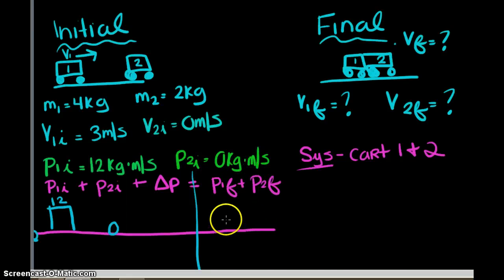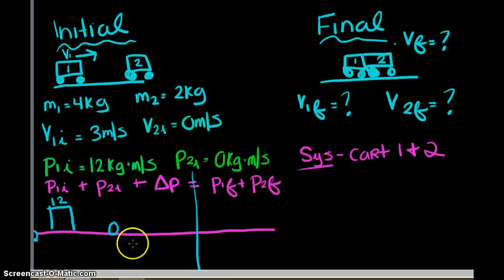Another thing I want to ask you is, should the final bars for each of these be the same? Well, if the V final is the same, but the masses are not the same, then whatever the bar is for P2 will be smaller than the bar for P1 because of its larger mass.